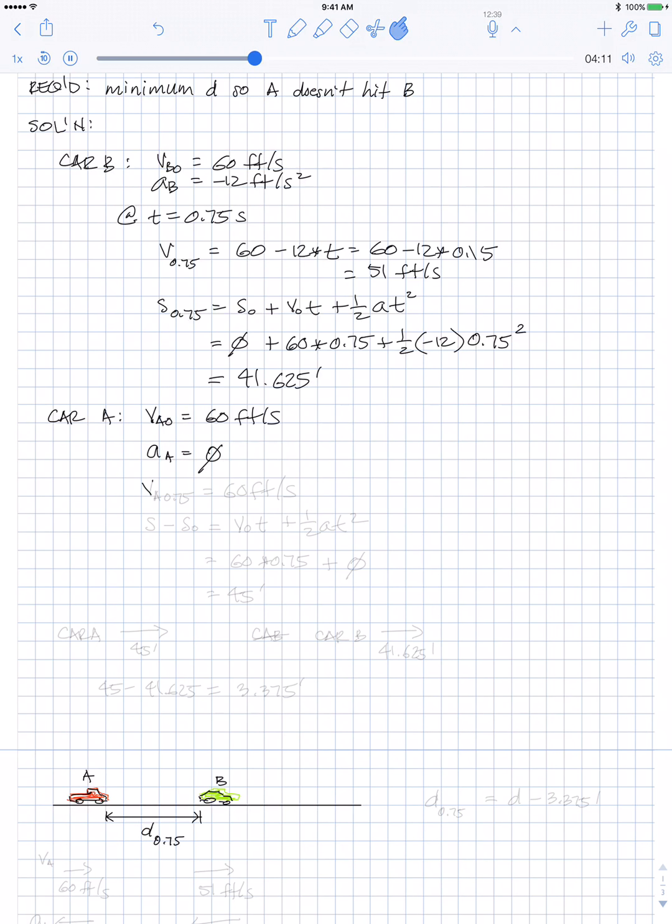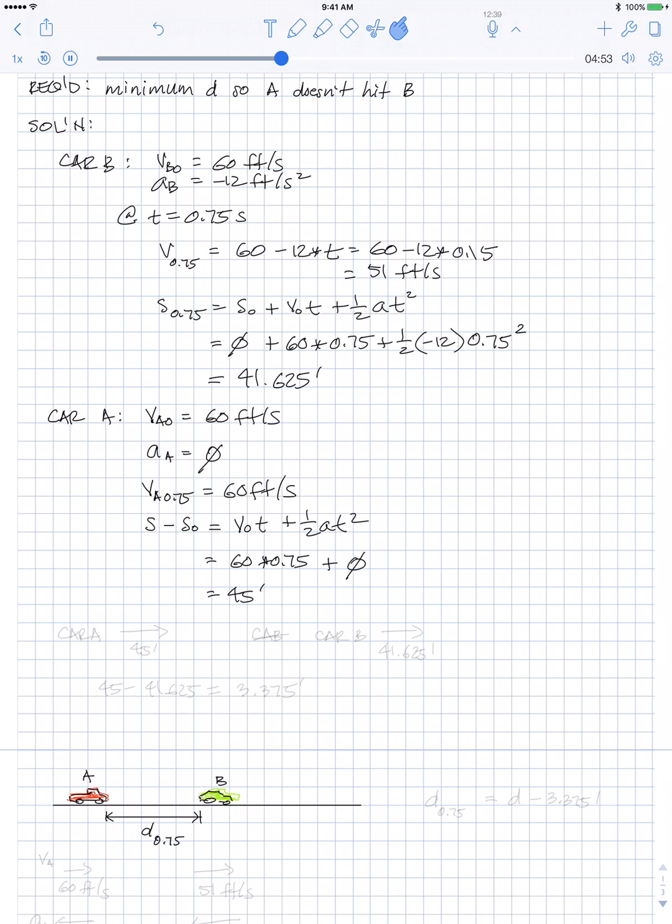So of course at 0.75 seconds, since there's no acceleration, the velocity is still 60 feet per second, and the distance it's gone forward, so s minus s0, is v0t plus 1/2 at squared, which is 60 feet per second times 0.75 seconds plus 0, because the acceleration is 0. And 3/4 of 60 is 45 feet.